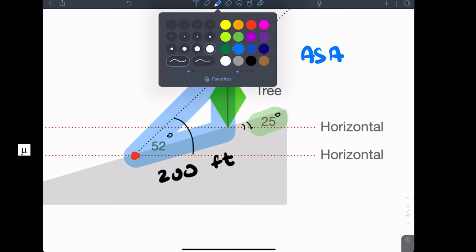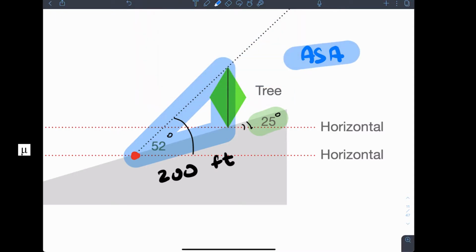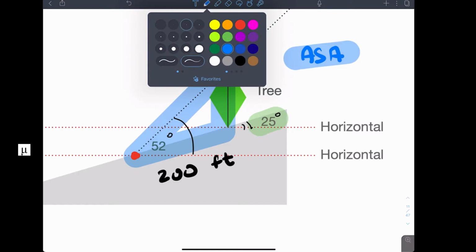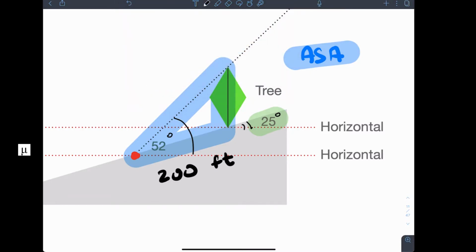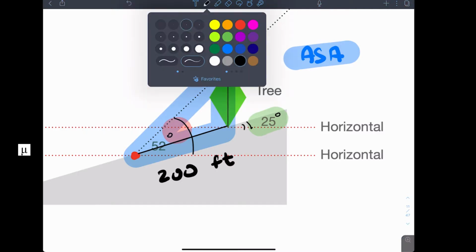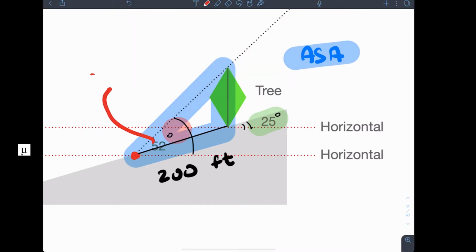Why is this going to be a law of sines question? You might say, I don't see why. Well, here's a big hint. I know this side is 200, don't I? I also know this angle right in here. How do I know that angle? I take the 55 degrees and I subtract the what? This measures 25 degrees.